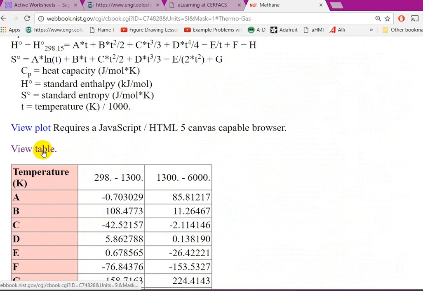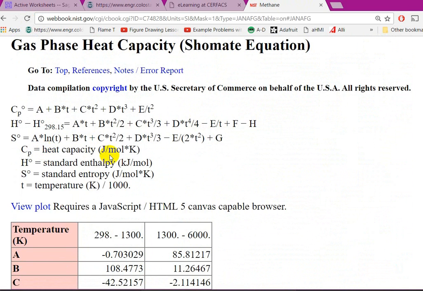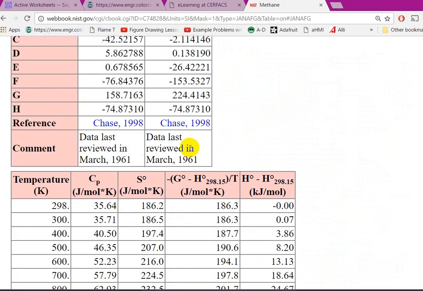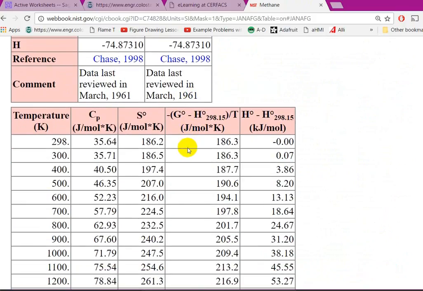And I can, if I look at this table right here, scroll on down a little bit. Okay, so here's temperature and then heat capacity in joules per mole K. Ignore entropy and Gibbs. But let's look over here. This is the reference temperature for enthalpy, 298.15, and they've already subtracted off.